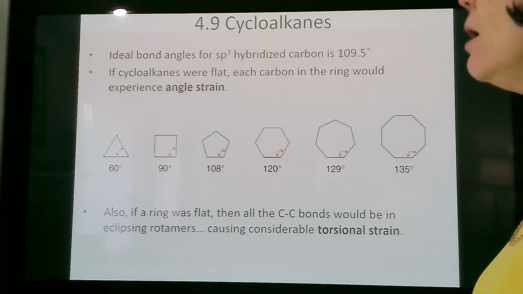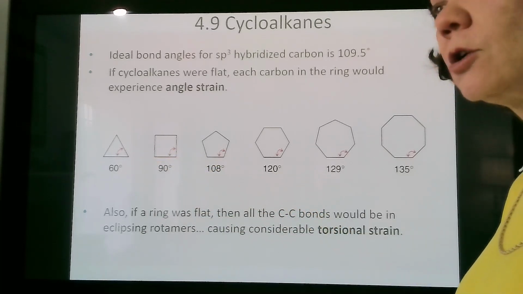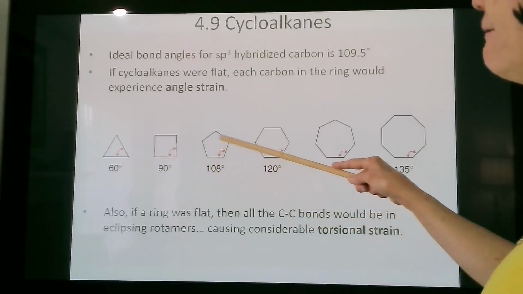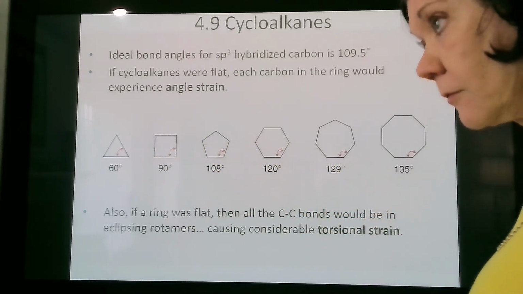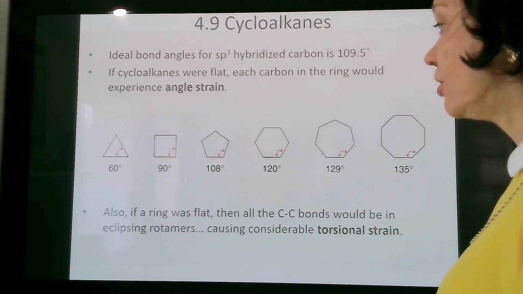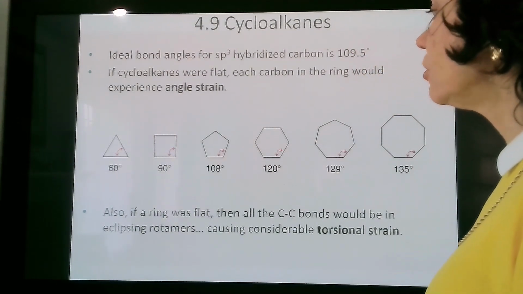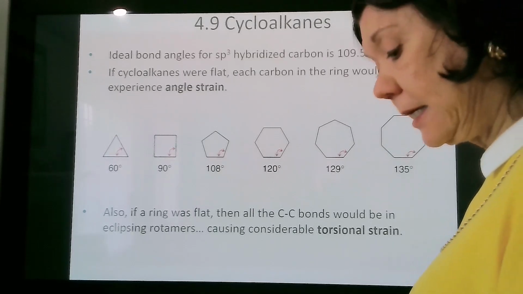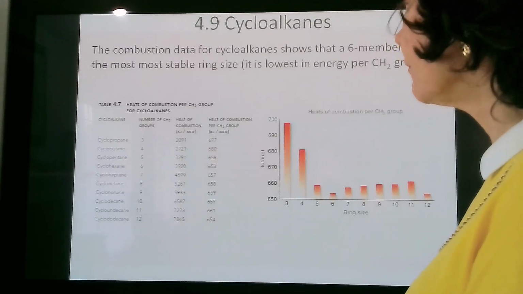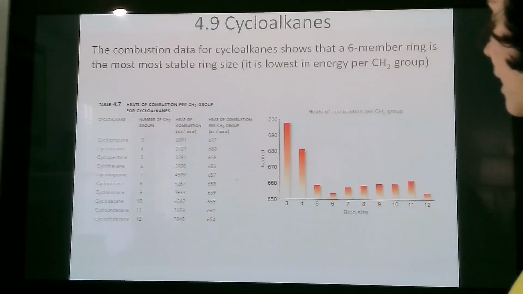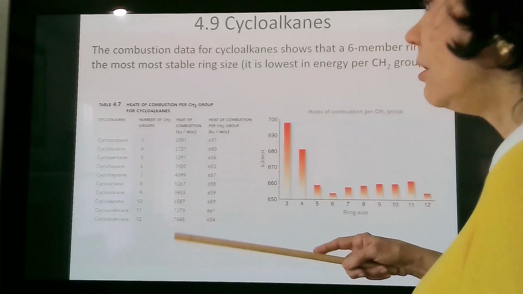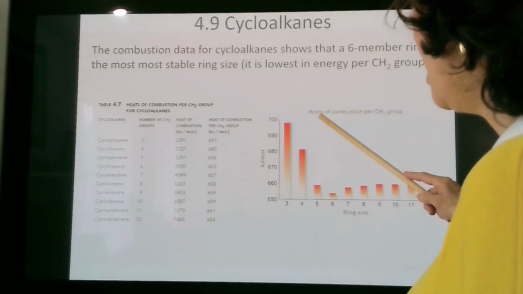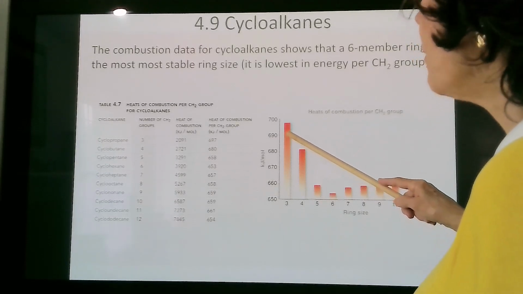I showed you how these molecules will distort some in order to avoid having a flat structure, because the flat structure just causes all sorts of energy increasing interactions. And notice here, this is interesting. You don't need to memorize these numbers, but just note the trend. Cyclopropane has the highest heat of combustion per methylene.